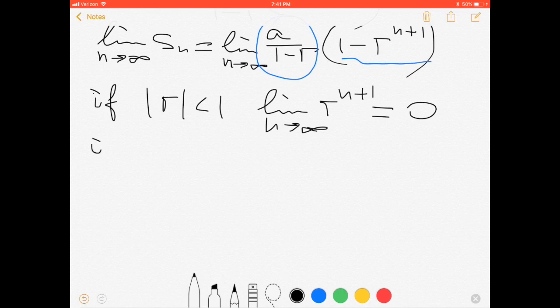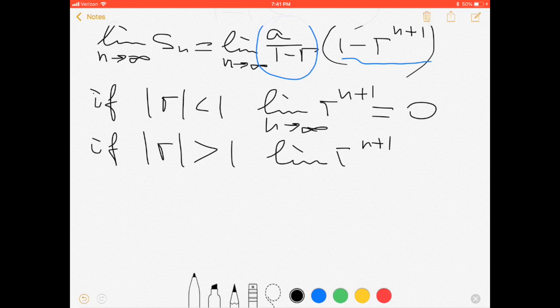If the absolute value of r is greater than 1, this limit does not exist. So either the series converges, or the sequence diverges.